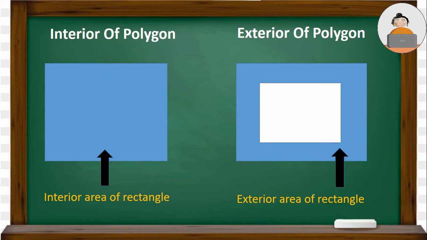Next we will discuss about the area being covered by a polygon. Firstly, as you can see on your screen, I have taken a rectangle, and all the area that is being covered inside, shown by the blue color, is known to be the interior area of the rectangle, whereas in the second picture the blue part which is covering the outside area of the rectangle is known to be the exterior area of the rectangle.